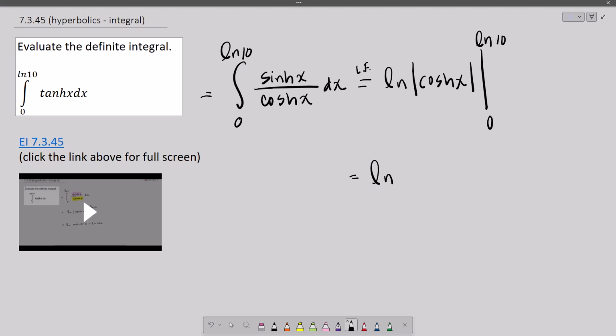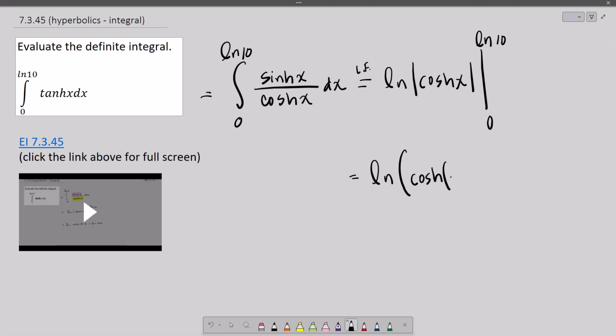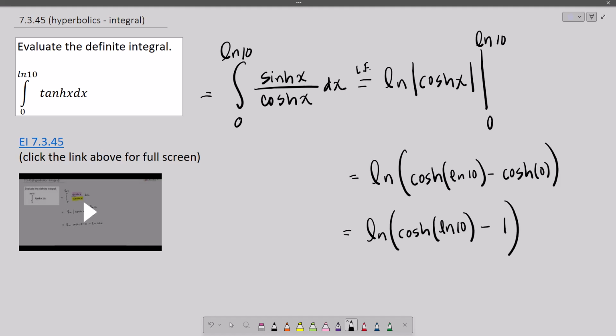So for us, when we plug in, we're going to get cosh of natural log of 10 minus cosh of 0. And what is cosh of 0? So cosh of 0 is 1, so we would replace the cosh of 0 with that.